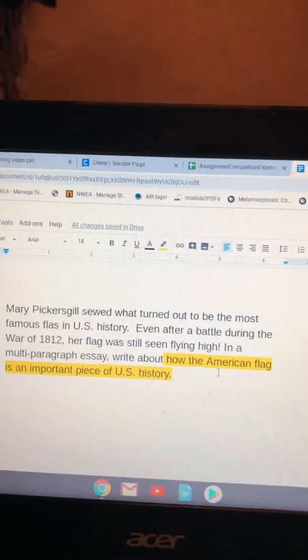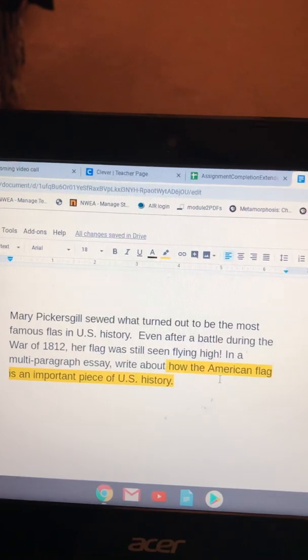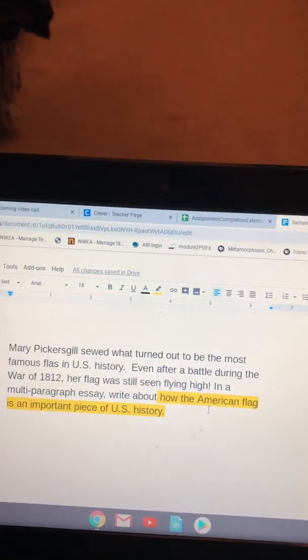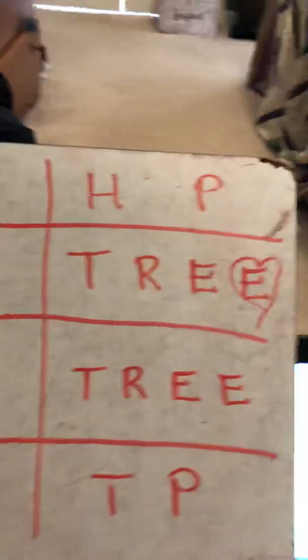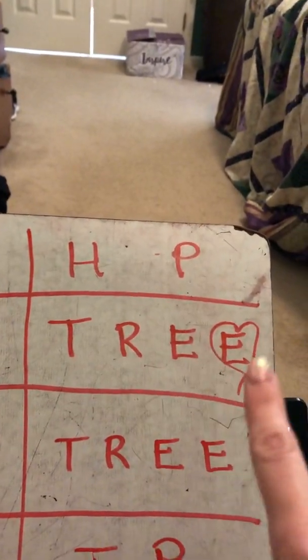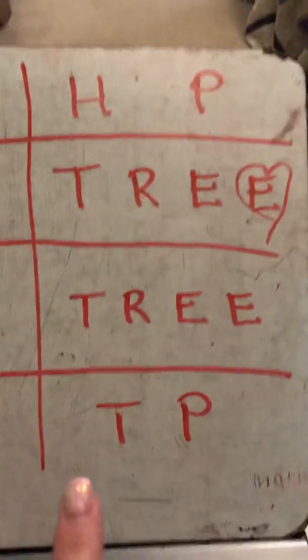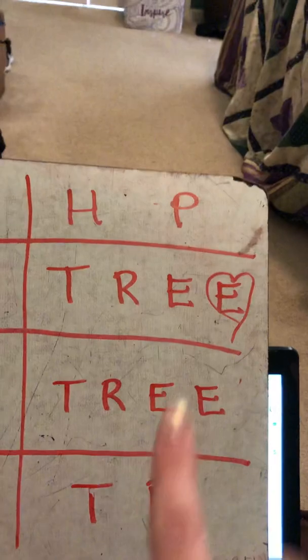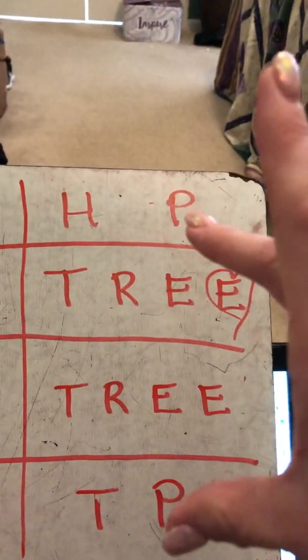This is why a lot of Americans feel that the American flag is an important part of our history or something, just so it doesn't sound exactly the same, but it has the same ideas. Okay, so just hook, prompt, transition word, reason, evidence, elaborate. Same thing here. Final transition word, state the prompt again. Okay, so these two are the same.